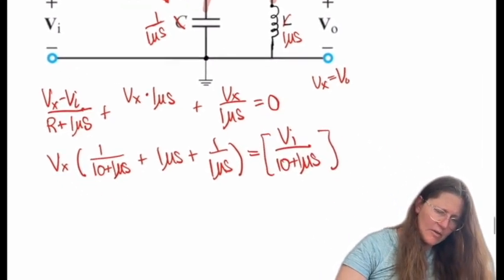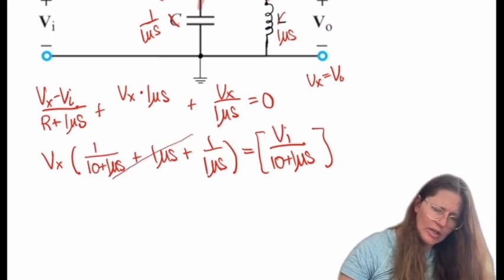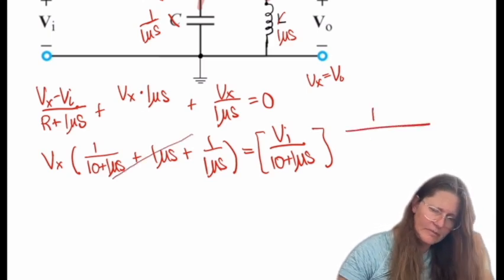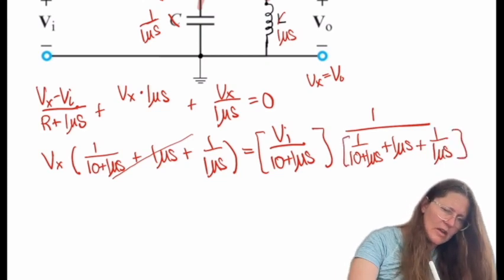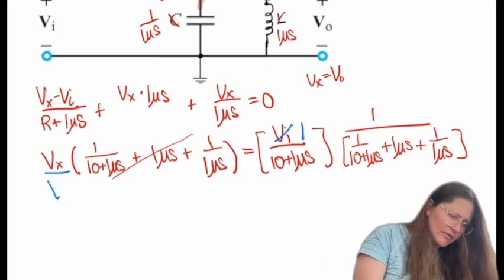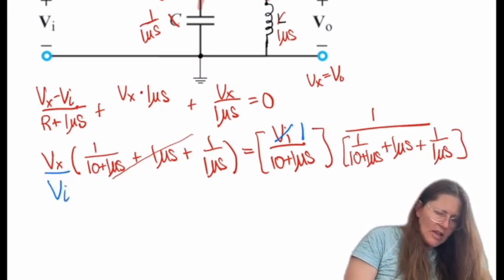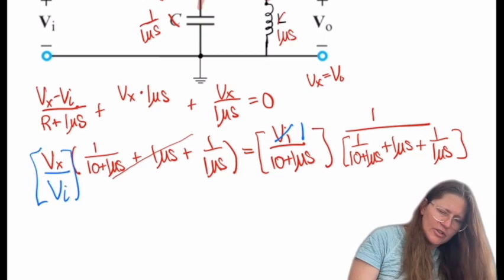And then we're going to multiply this whole thing. And then we can divide, so this becomes 1, and then you divide by Vi. And this is our transfer function.